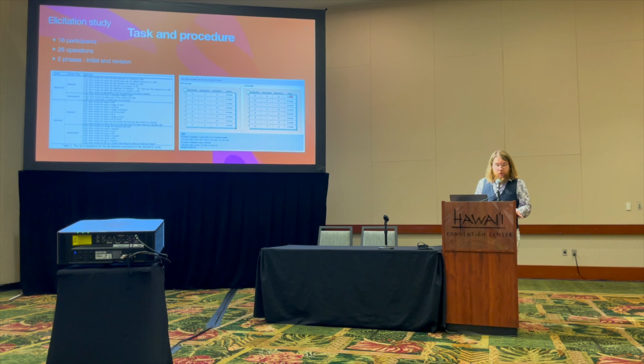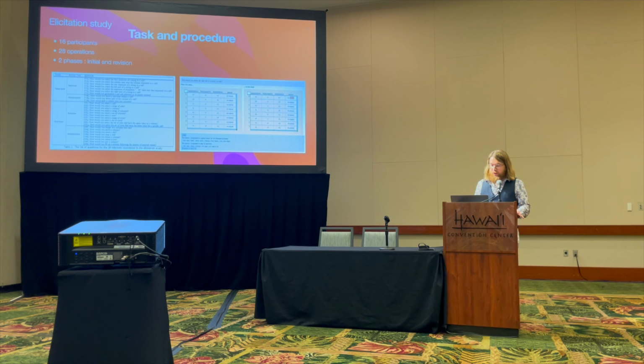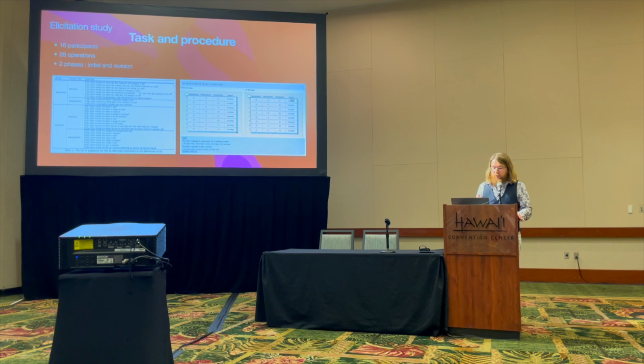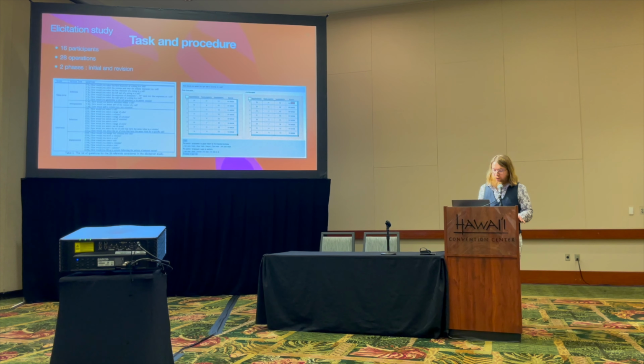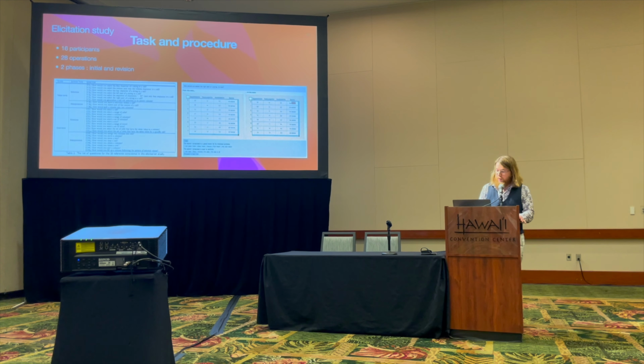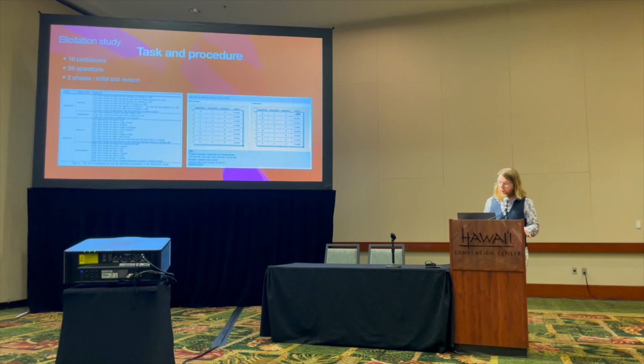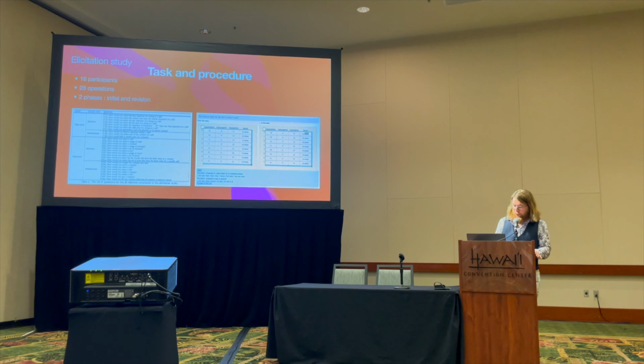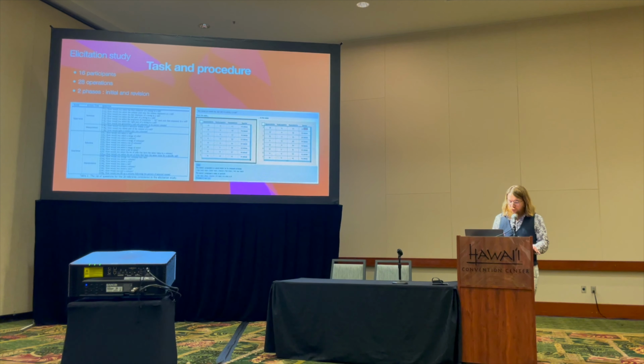With the elicitation study, the aim was to understand the strategies users could adopt to perform a list of 28 common spreadsheet operations of selection and manipulation, both on the value layer and on the grid layer. So 16 participants were faced with the interface you see on the right on the interactive screen. And they had to show on the left image the action they would take to provoke the operation presented on the right image.